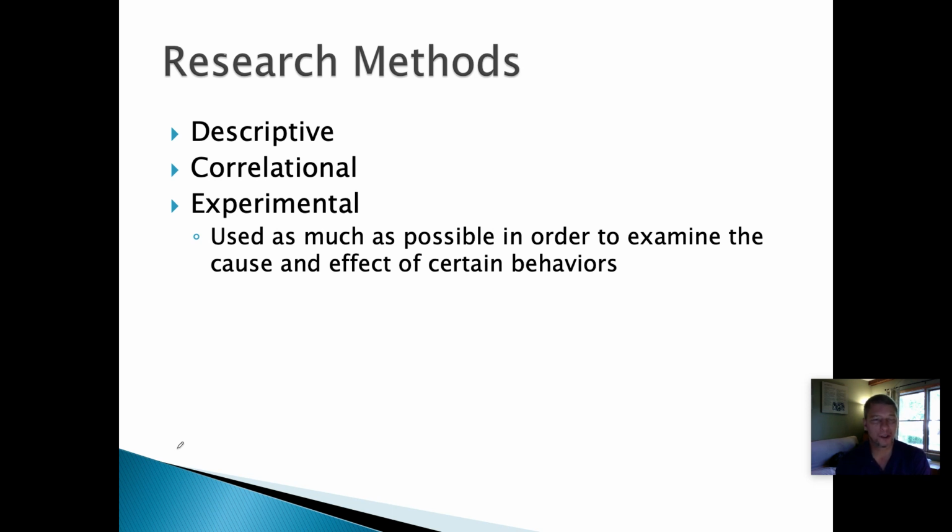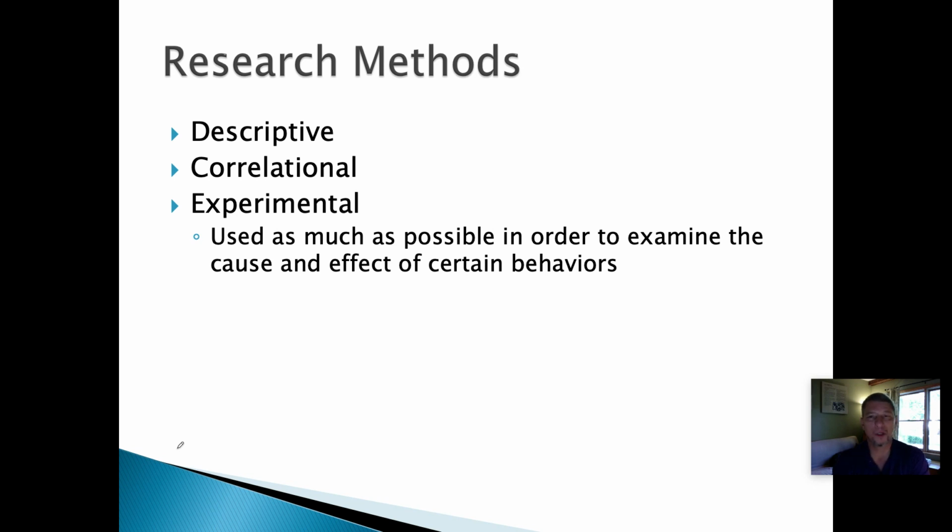Now, correlational studies are a little bit different. These are studies where you look at the effect of changes in one variable and how those changes affect the other variable. However, again, it still generally doesn't have a manipulation involved with it.